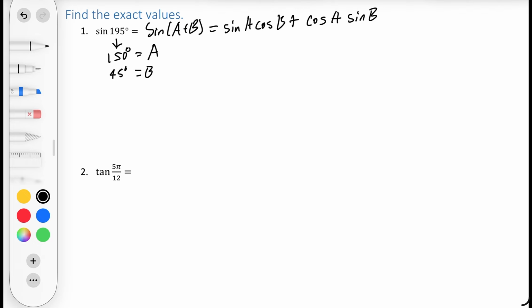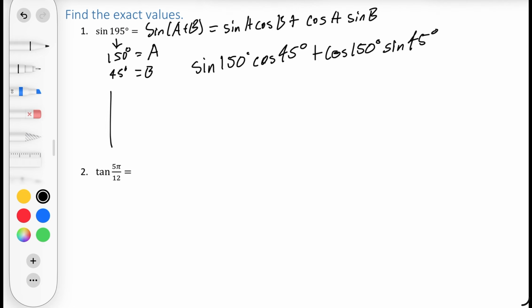Now we can plug into the equation: sine 150 degrees times cosine 45 degrees plus cosine 150 degrees times sine 45 degrees. Now we could draw a little unit circle. Our 45 is right here. Our 150 should be around here.